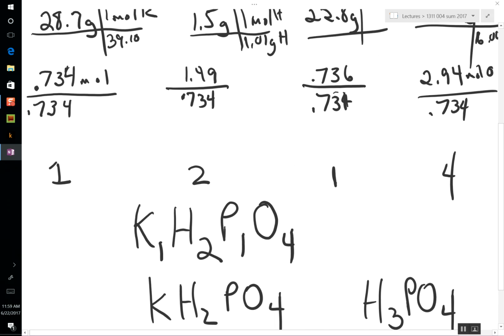And if you get a number like 4.04, just round it off to 4. In any laboratory doing elemental analysis, they're going to have a little bit of experimental error in there, so their numbers aren't going to nail it down to an integer necessarily all the time. But if it's close enough, that's a 1 to 2 to 1 to 4 ratio.